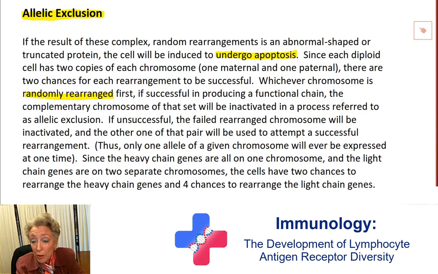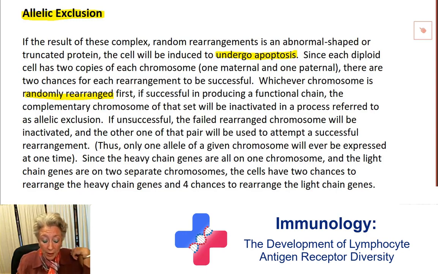Regardless, whichever chromosome succeeds in creating a functional product, that chromosome will be left turned on. The other one of the pair will be turned off or excluded. And what this means is that in a given cell, only one type of B cell receptor or T cell receptor is going to be expressed. I don't want schizophrenic lymphocytes who see one thing with one type of receptor and another thing with another type of receptor.